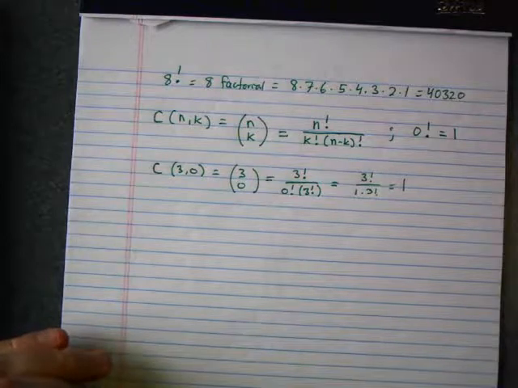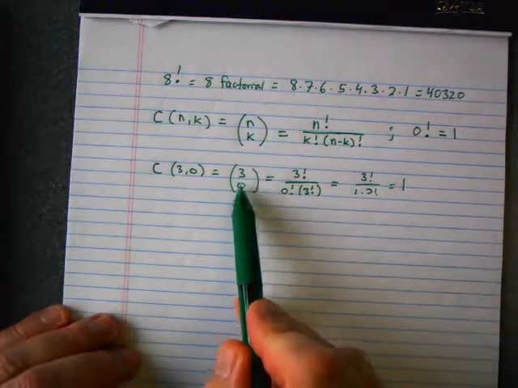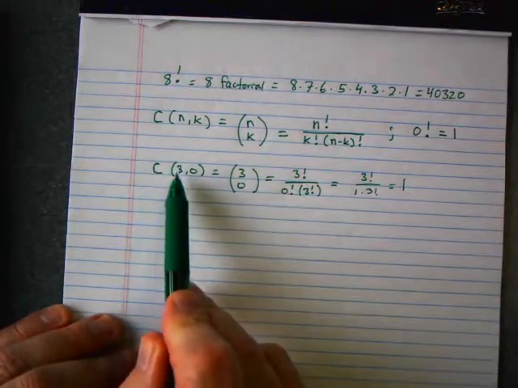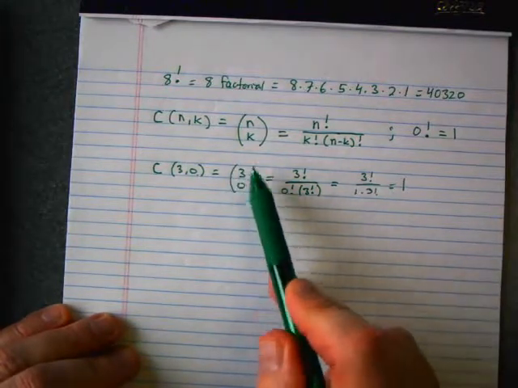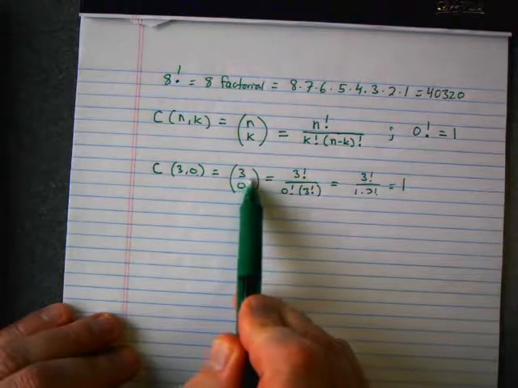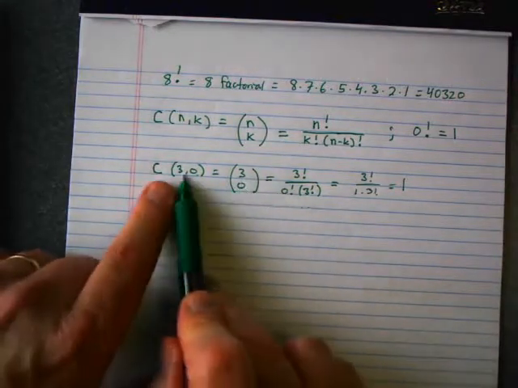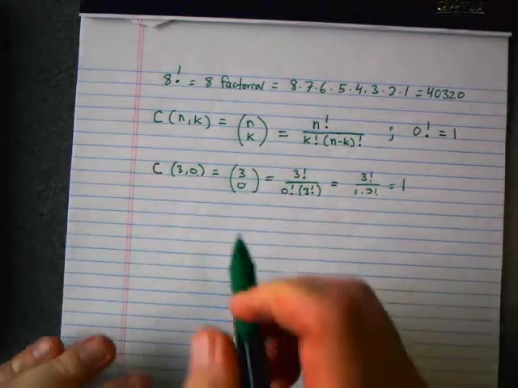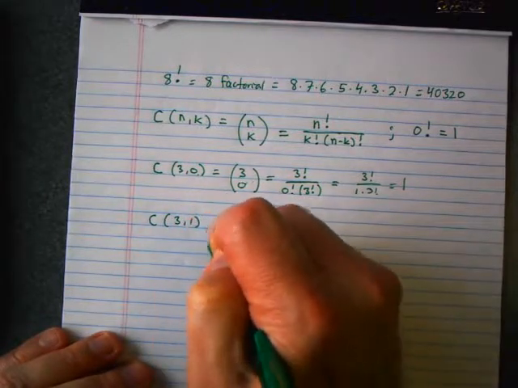Why is 3 over 0? This is not a fraction. This is a different notation for this C thing. C of 3 comma 0 is also written as 3, 0 with parentheses around them, but notice I did not draw a fraction bar. So it's not a fraction, it's just two different notations for the same symbol. Okay? So what's C of 3 choose 1?